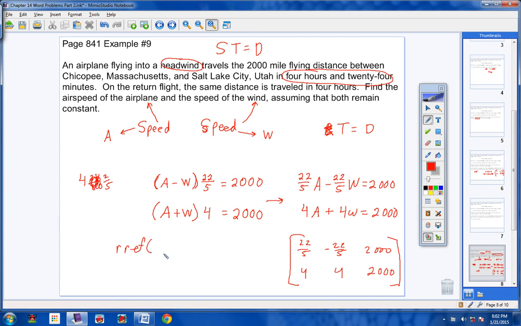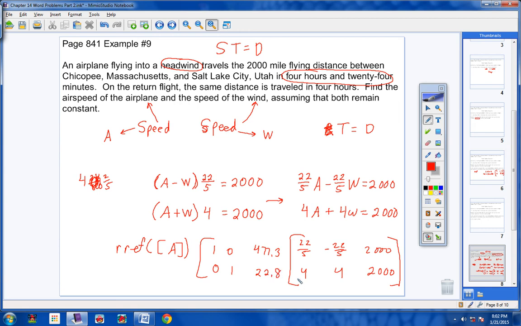Then hit second matrix, and for me I use matrix A, so I'm going to hit enter on matrix A. Now my screen says this, and then close your parentheses, and then hit enter. When you do that, you're going to get this matrix right here: a 1, a 0, a 0, a 1, and right here 477.3 and 22.8.